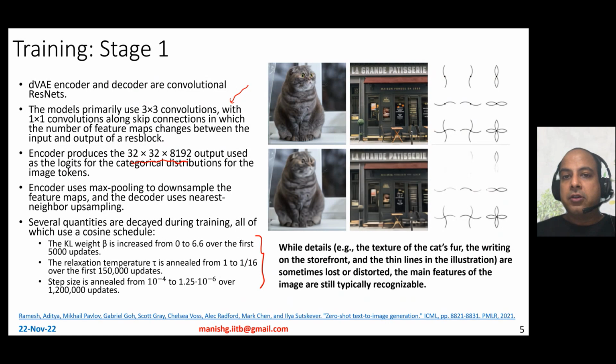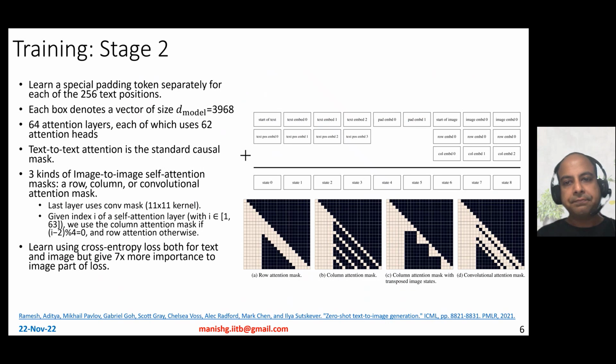Now, the discrete VAE does lead to a slight reduction in the quality of the image, but as you notice, the major part of the image does not change. Some things get lost, however the main looks and main features of the image are still pretty recognizable.